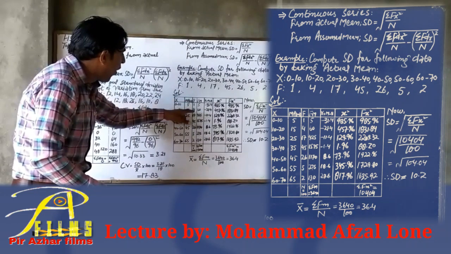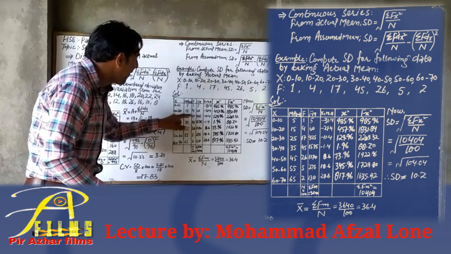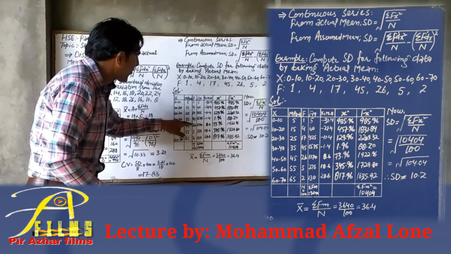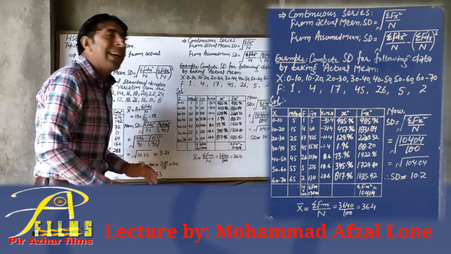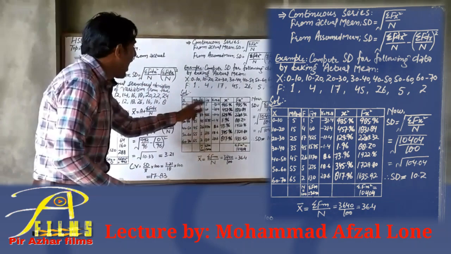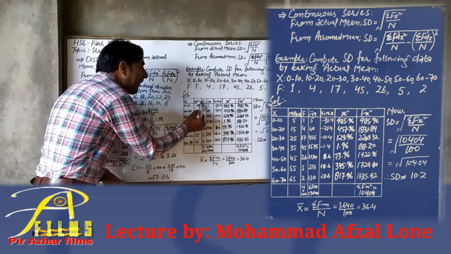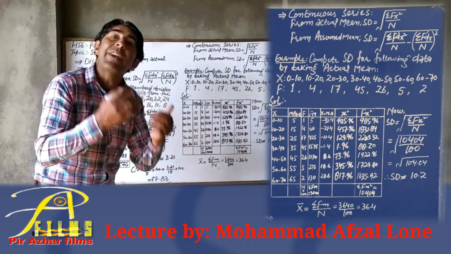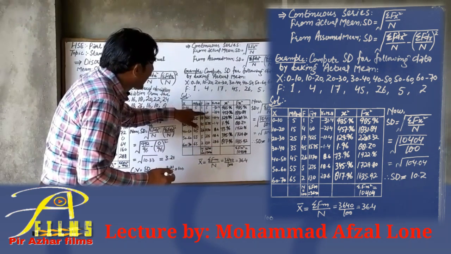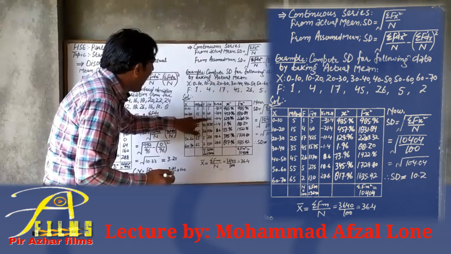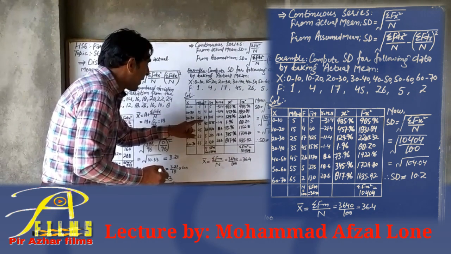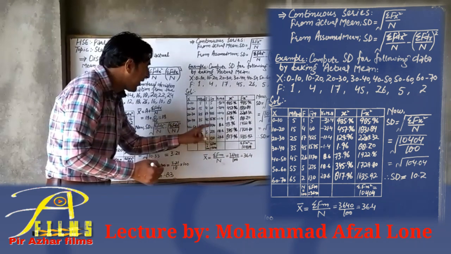Now let's calculate n first. We add up all the frequencies in f: 1 plus 4 plus 17 plus 45 plus 26 plus 5 plus 2. N is equal to 100. Now for fm, we have multiplied f with m. We add up these values to get summation of fm: 5 plus 60 plus 425 plus 1575 plus 1170 plus 275 plus 130.